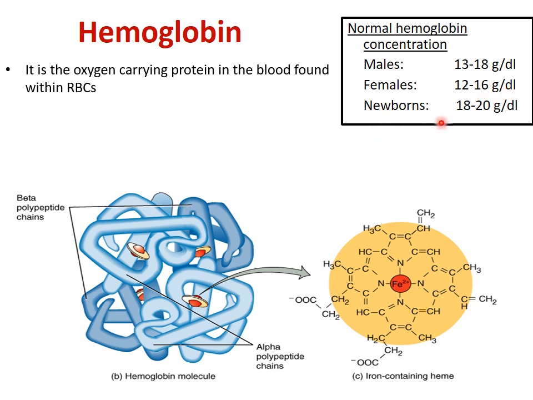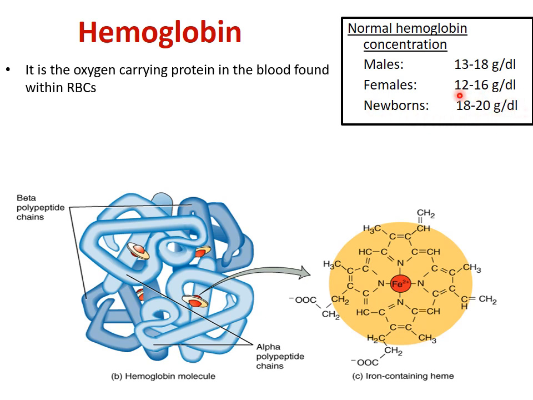And in the case of a newborn, it is 18 to 20 gram per 100 ml. Now, I want you to think about these three values. Why is there a difference in all these three individuals, males, females, and newborns? Why in the case of newborns is it very high?